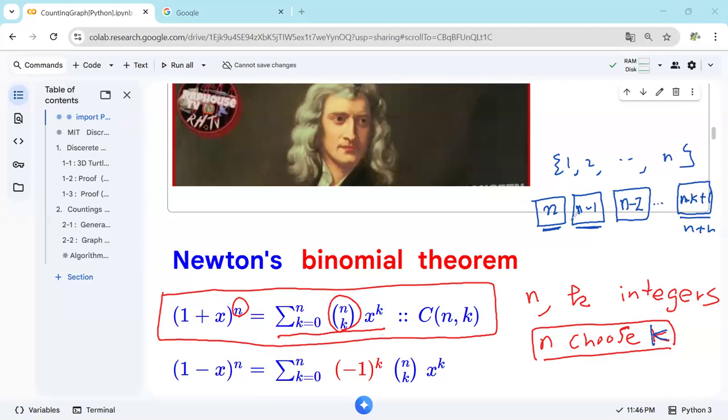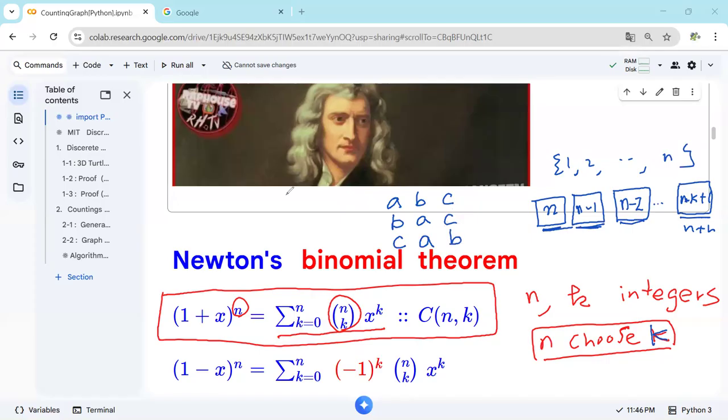But in this case, an ordering is involved, because this is the first one, second one, third one. Selecting A first, B second, and C third is different from B first, A second, and C third, and also from C first, A second, B third.